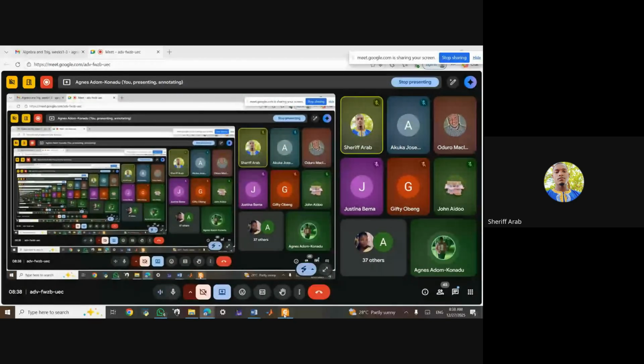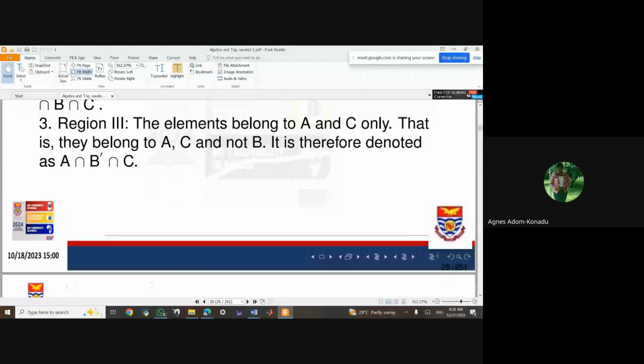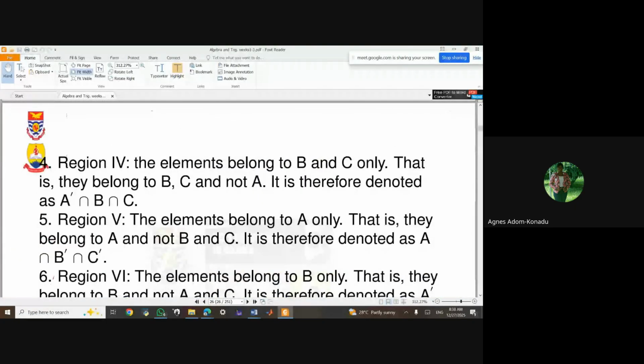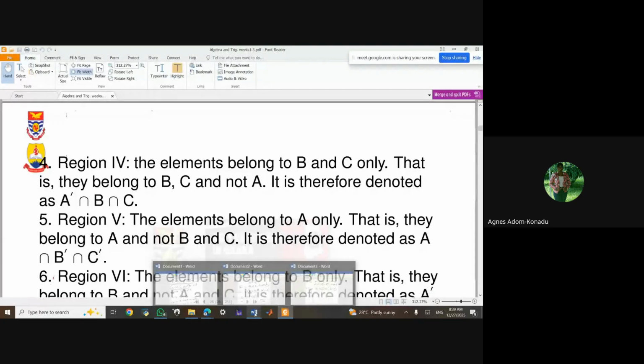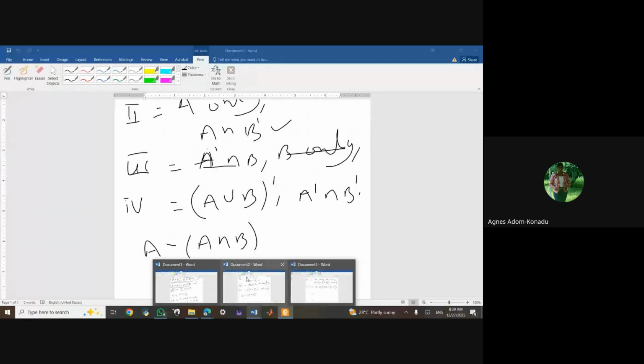I'm back. Okay, so let's continue. You are getting it. The fifth one says that the element belongs to A only, that is, they belong to A and not B and C. It is therefore denoted as A intersection B complement intersection C complement, or A only.